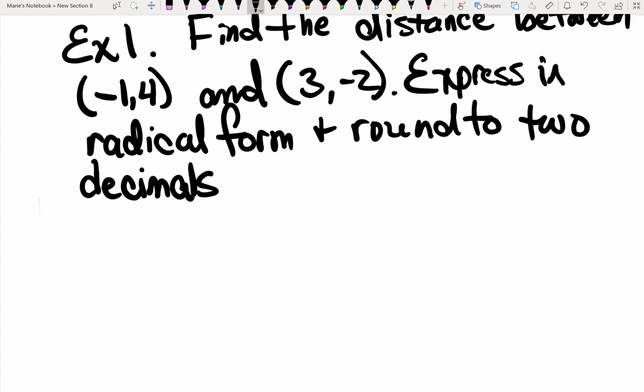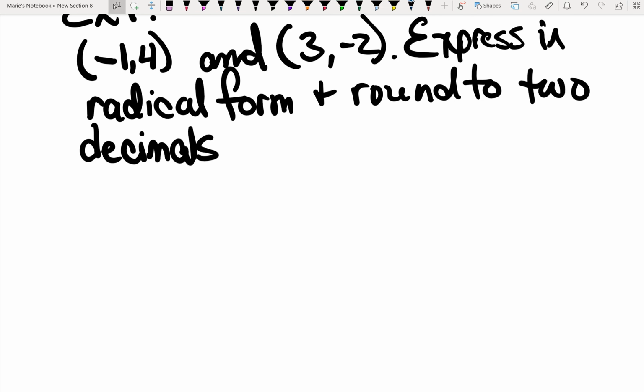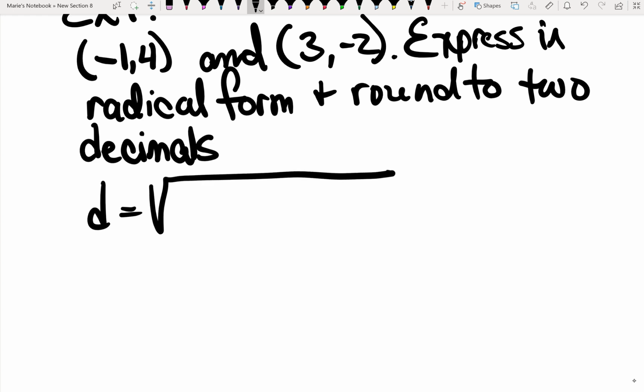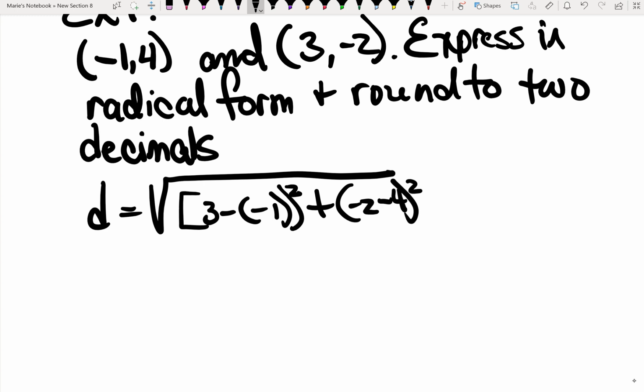They also want you to round it to 2 decimals. All right, so we begin with this, and in this case we're going to say distance is equal to the square root, given our 2 points, of 3 minus -1, all of that squared, plus -2 minus 4 squared. You end up with distance equal to the square root of 52.